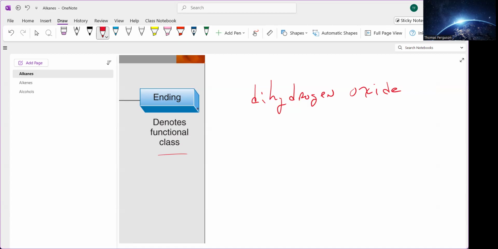Now, why doesn't everyone use IUPAC? Who wants to call water dihydrogen oxide or monoxide? Unless you want to fuss around with your parents or your friends, call it water, right? Or aqua or whatever.